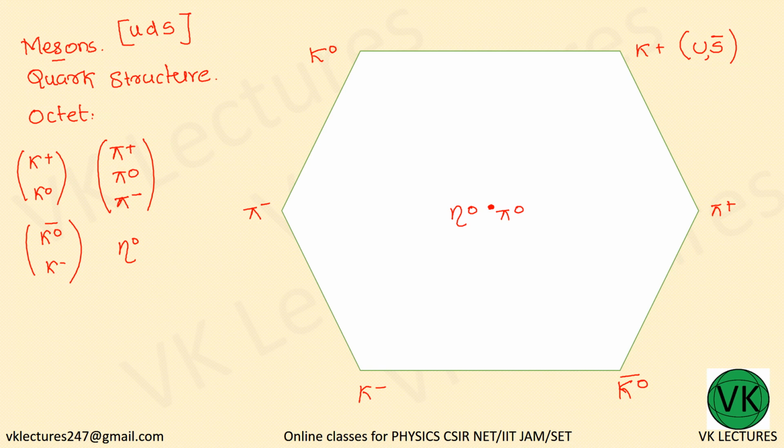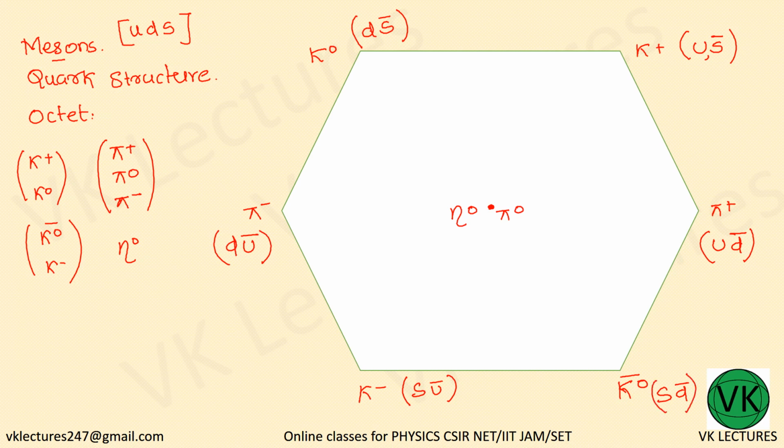Okay, now here you have u d bar, up and anti-down quark. All right, now here K naught is d s bar, here d u bar, and here s u bar and s d bar.